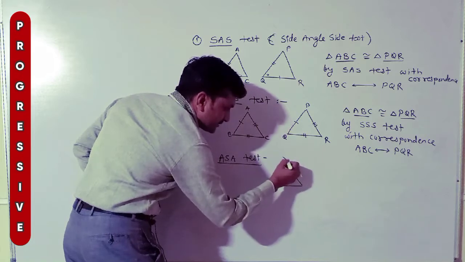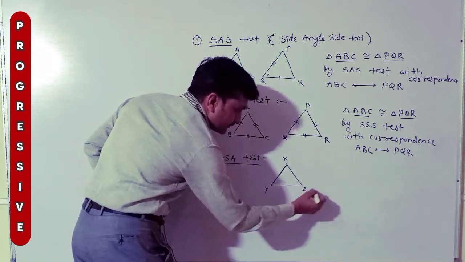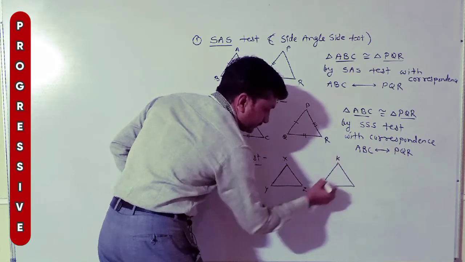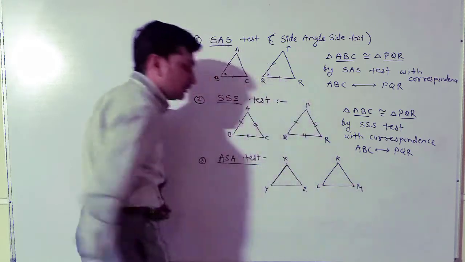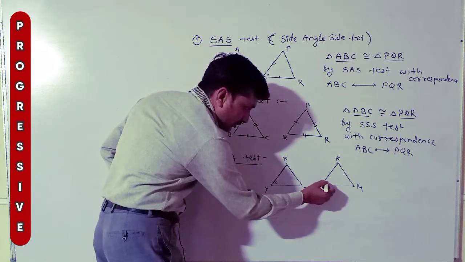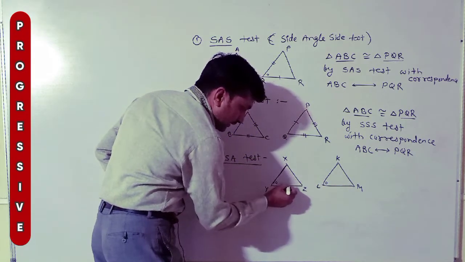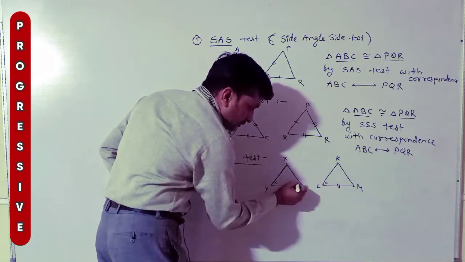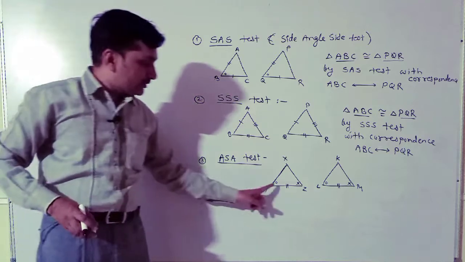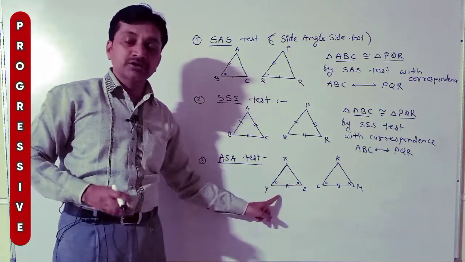Again now I change here X, Y, Z, and here I take K, L, M. Now in these two triangles, angle Y is congruent with angle L, YZ congruent with LM, and Z with M. Now see identical marks. How many angles are shown by identical mark? 2.